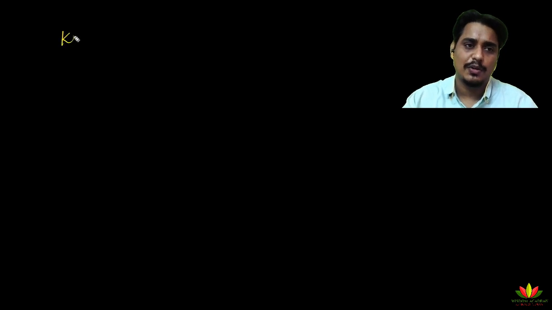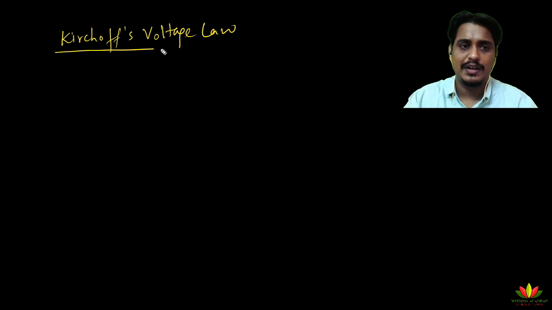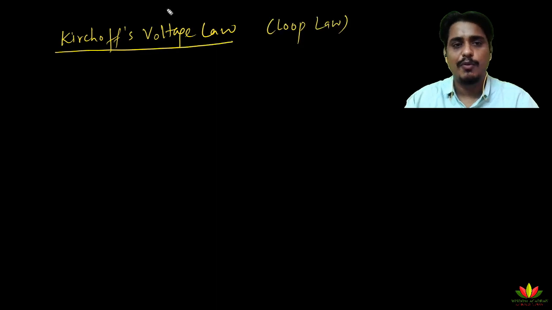Now we will see what Kirchhoff's voltage law is. It is also called the loop law. The junction law was used on the junction; in the same way, the voltage law is used for loops, which is why it is called the loop law. First write the statement of the voltage law.